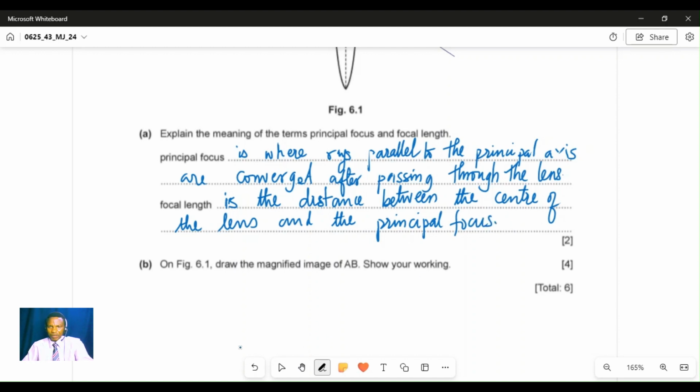So this is the 6 marks for question number 6.